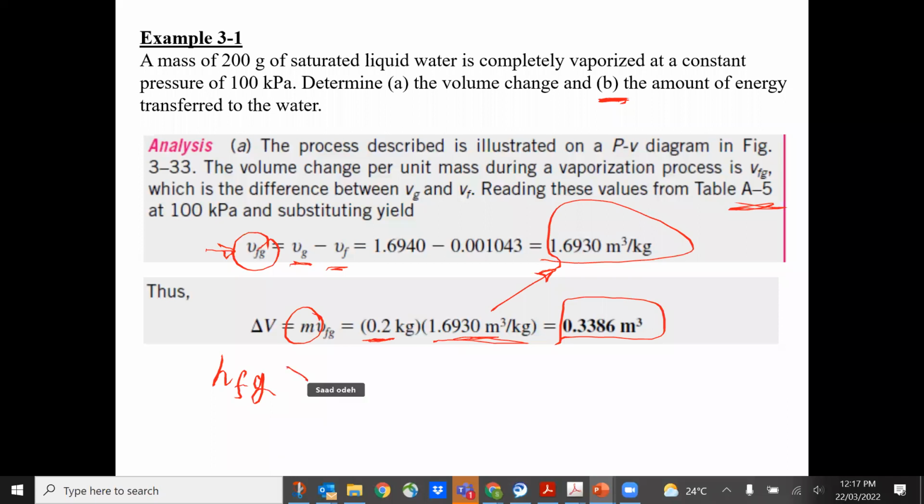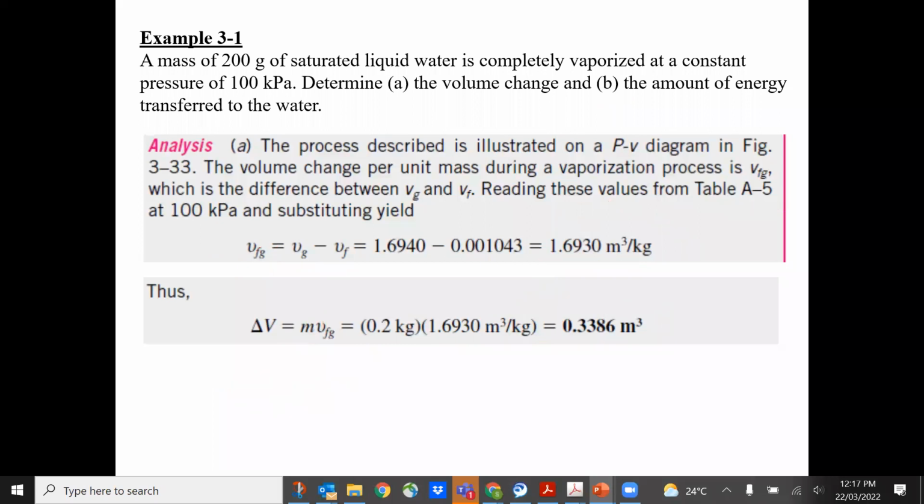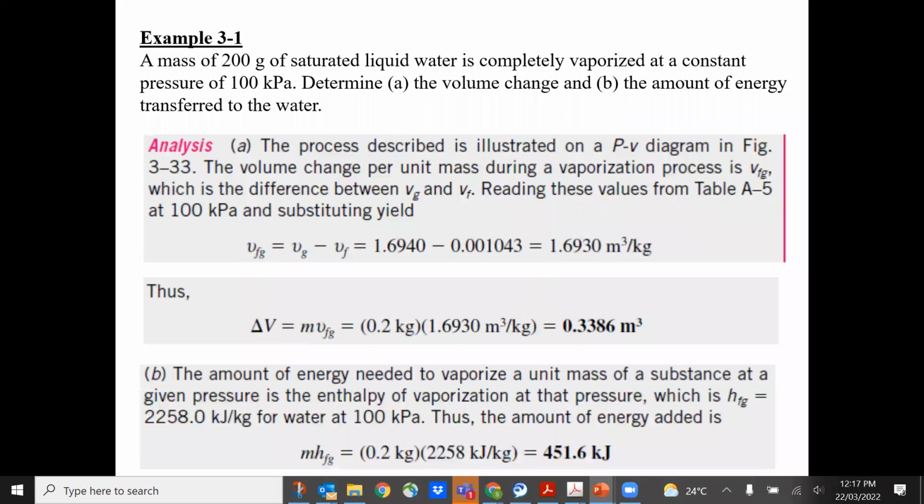If I multiply it by m, I will get the total amount of heat required for this change. So that's the amount of heat required to be supplied to the water, to change it from liquid to vapor.